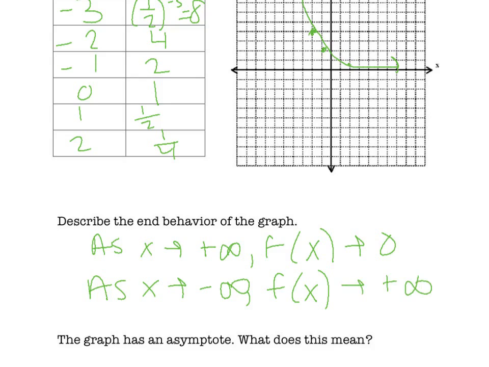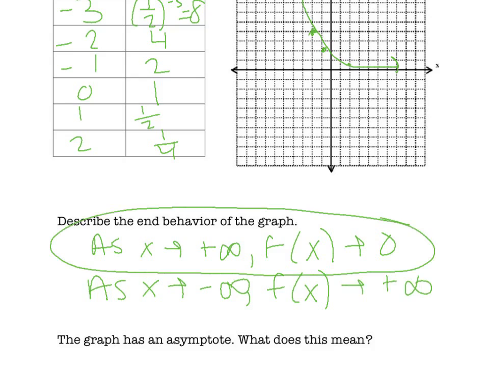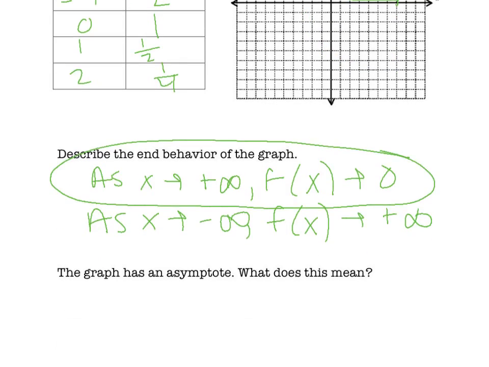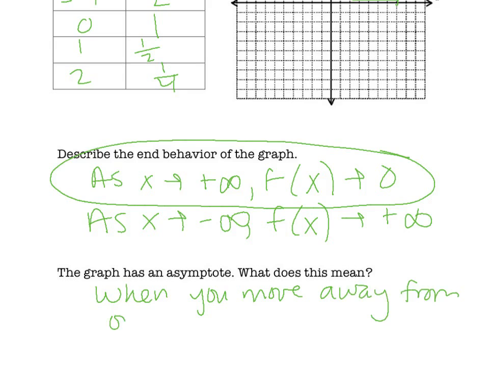And that first example of f of x approaching 0 is our asymptote for this graph. And so again, that's when you move away from the origin and the graph approaches a line. And in this case, that line is y equals 0, or the x-axis.